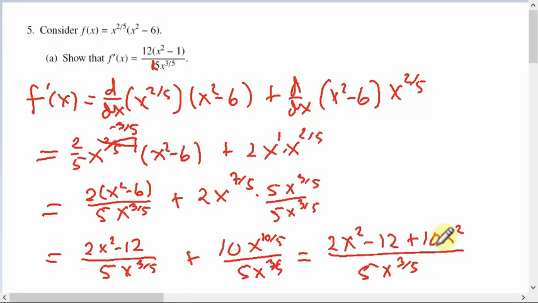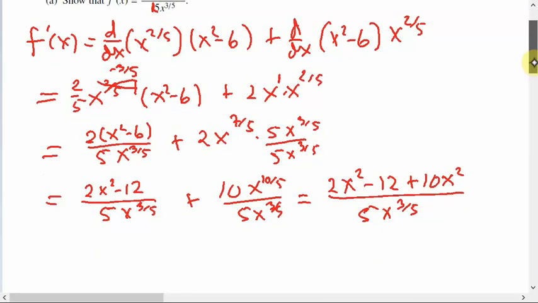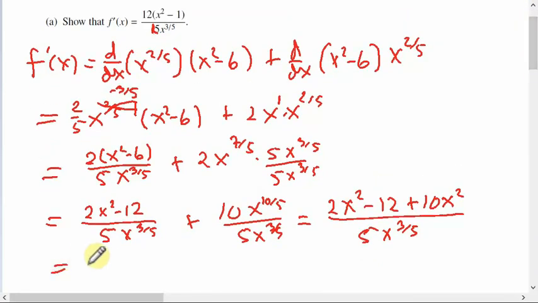Okay, so combining these, I'm going to get 12x squareds. Go down a little here. I get 12x squared minus 12. In the bottom I got 5x to the 3/2.